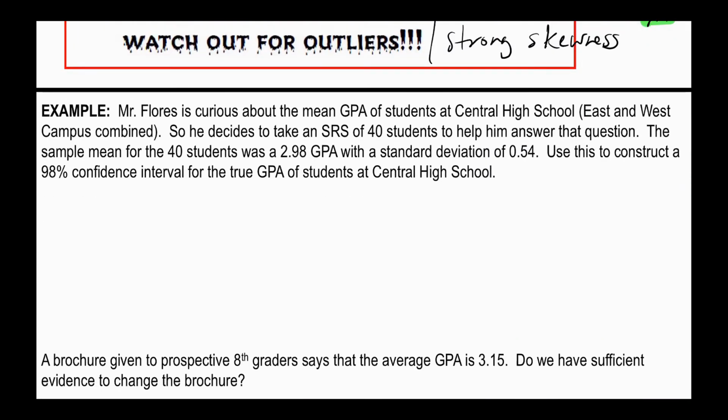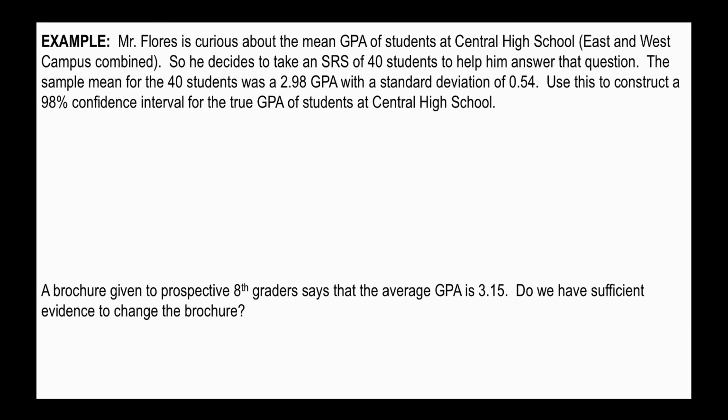Okay, so let's do one problem today. First question. Mr. Flores is curious about the mean GPA of students at Central High School, East and West Campus combined. You're talking about over 4,000 students, probably closer to 4,500.